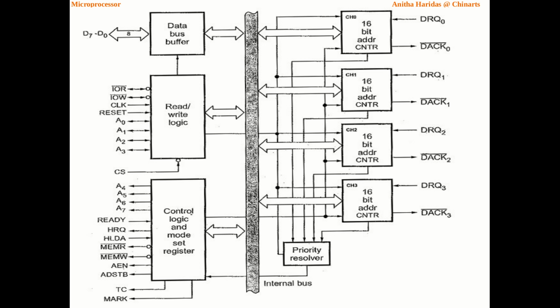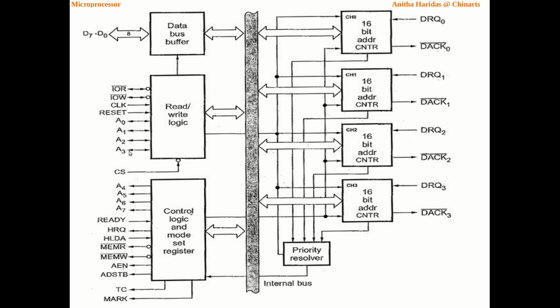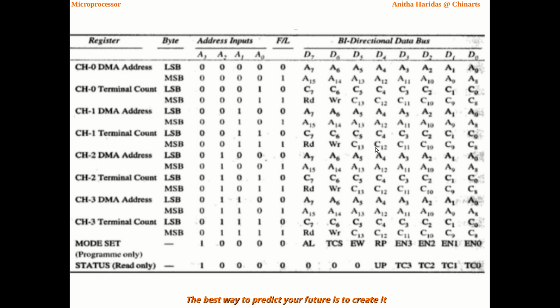Then the CPU wants to specify how many bytes are to be transferred. Where will it be specified? It will be specified in the counter. So it now has to change the address value. How will it change? The channel 2 count register has the address 0101. So 0101 will be sent here so that the counter register will be activated. Once it is activated, it has to write the data in channel 2.